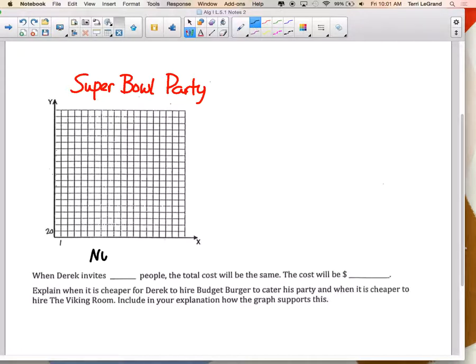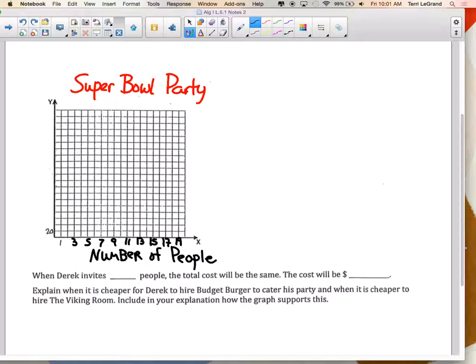Yes, number of people, number of guests, whatever you want to call them. And what scale am I using on the x-axis? Going by ones. Okay, then we better get some numbering done here. Not labeling your axes is going to cost you points on assessments, because no one who looks at your graph should have to work terribly hard to figure out where an answer is.